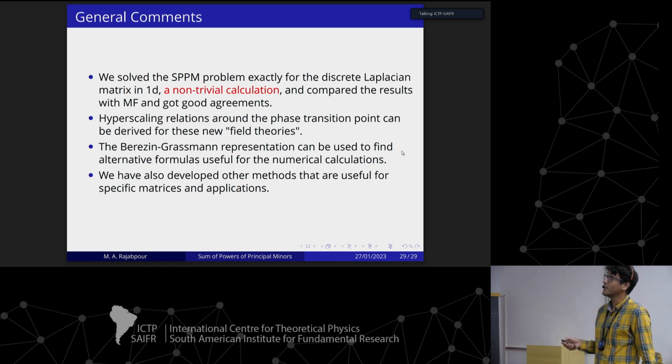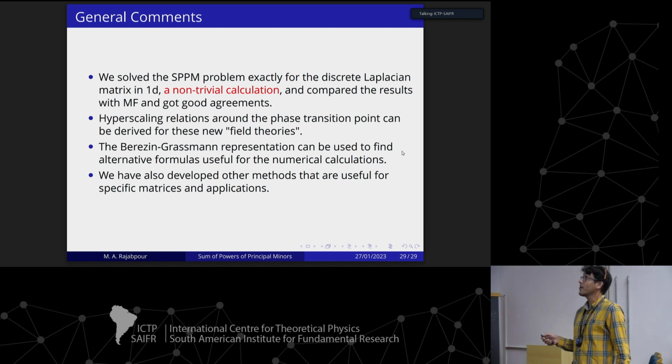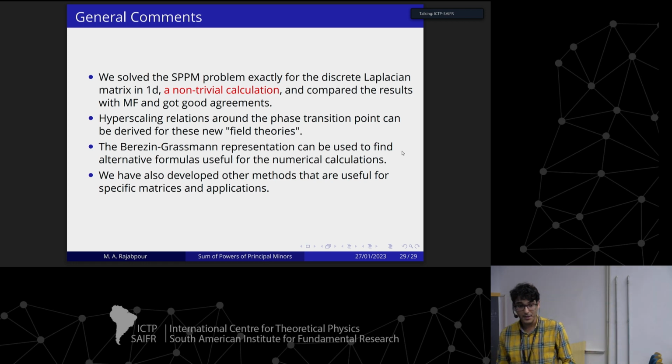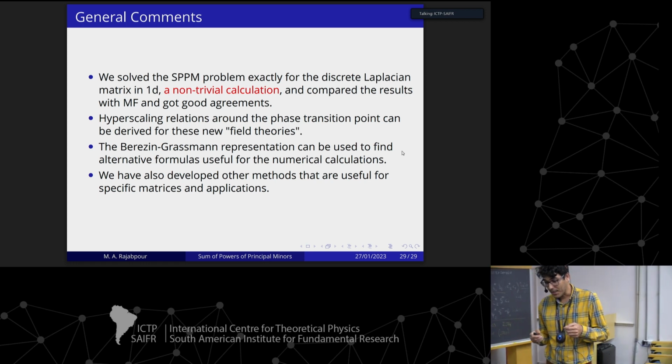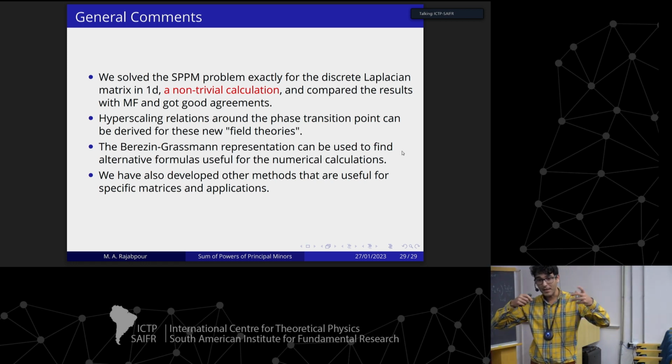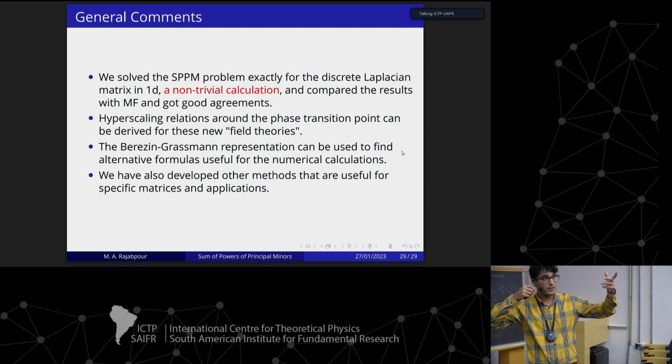So in this case, we have symmetric matrices. Now we are thinking that maybe this problem is interesting for its own sake as a statistical mechanical model, because principal minors of the Laplacian are related to something which in graph theory they call rooted spanning trees.